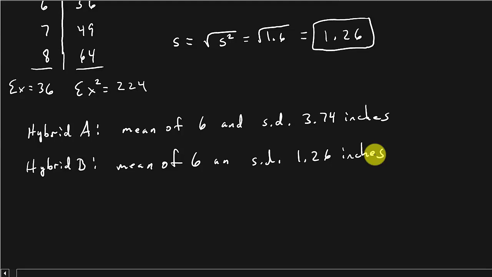Well, that means that the blossoms for hybrid A are less consistent than those of hybrid B. So if you want a rose bush that consistently produces roses that are closer to 6 inches across, use hybrid B. You see that?